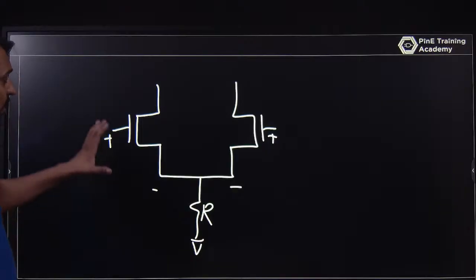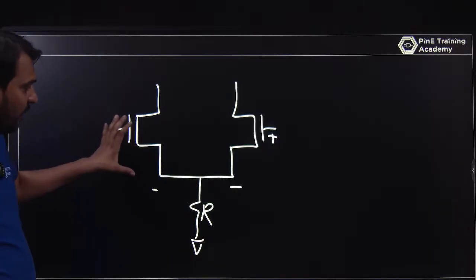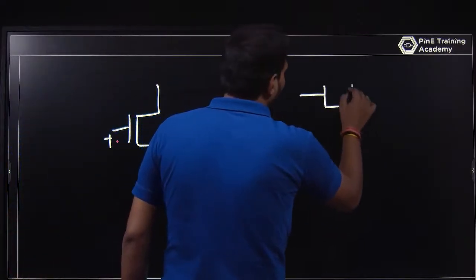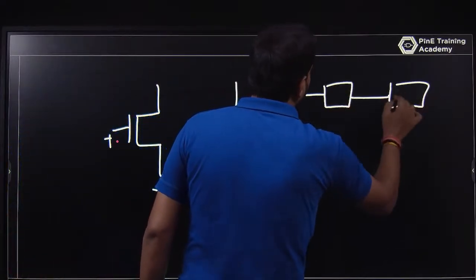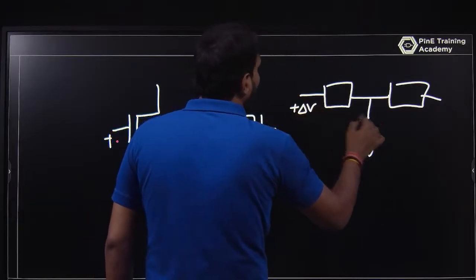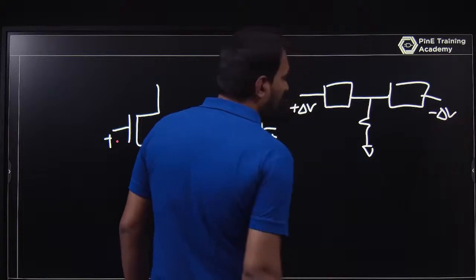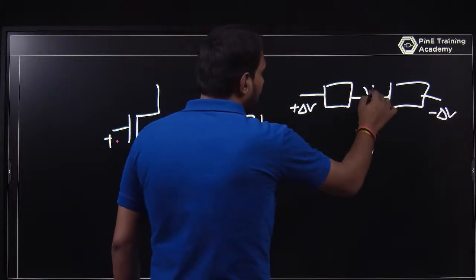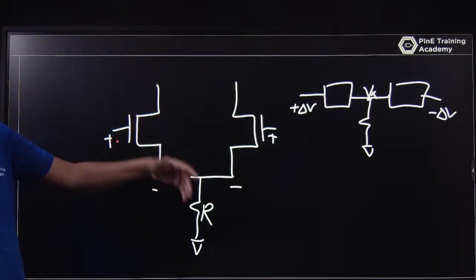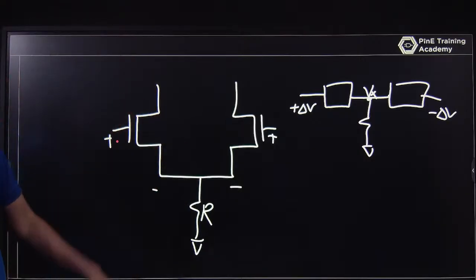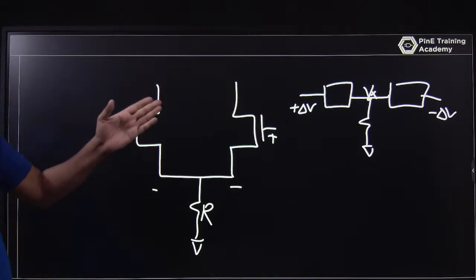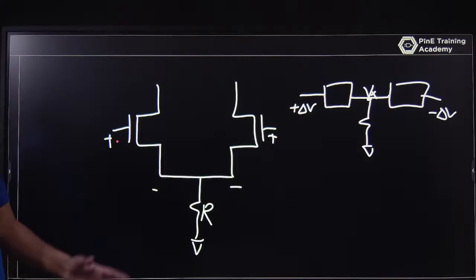Why? Because if you have a differential input, let it be like this, you have symmetry and you have a resistance here. This is plus delta V and this is minus delta V. So what is the voltage Vx here? Using superposition, for plus delta V it will have some value.